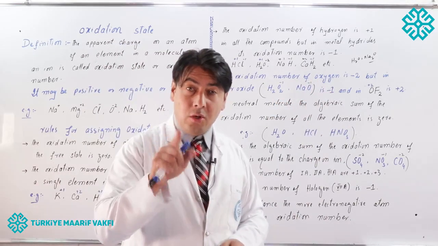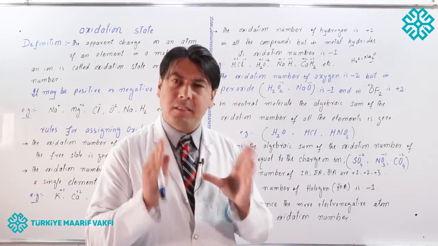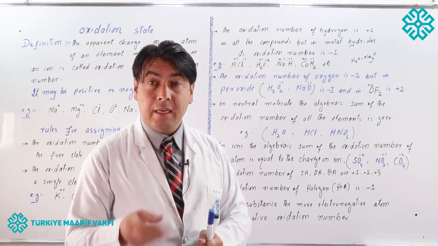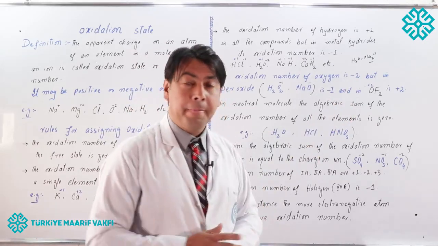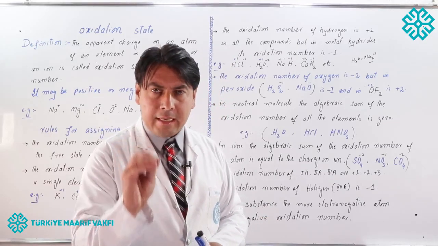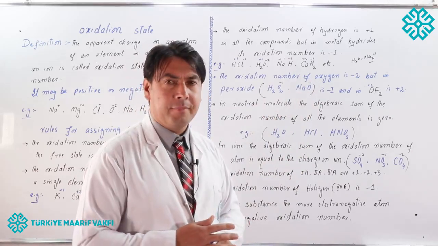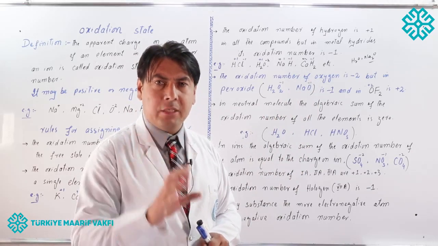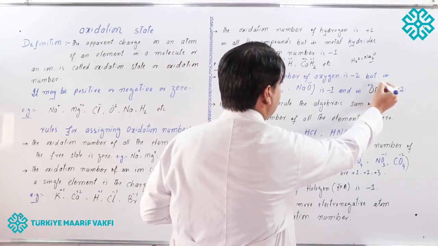But in OF2, the oxidation number of oxygen is +2. Why? We know the most electronegative element in the periodic table is fluorine, and it belongs to group 7, so the oxidation number of fluorine is -1.